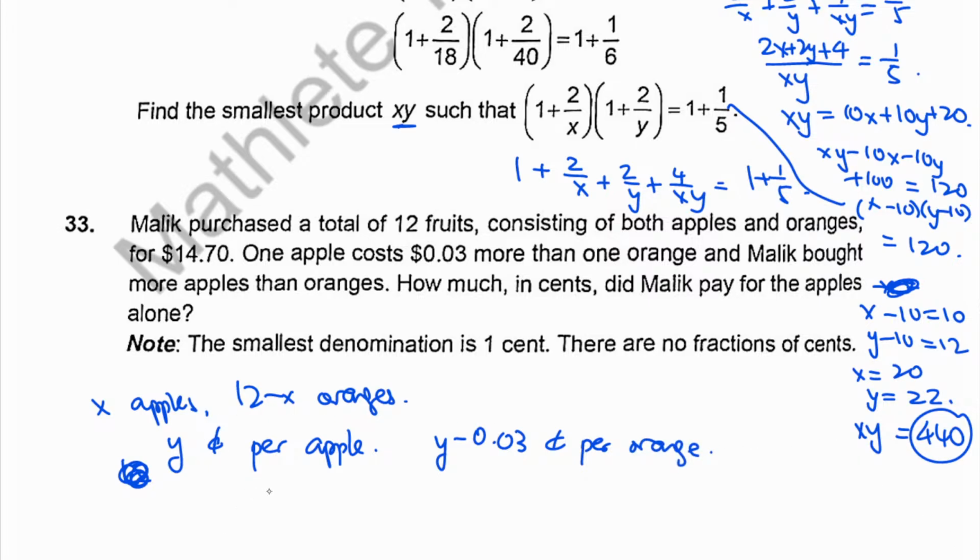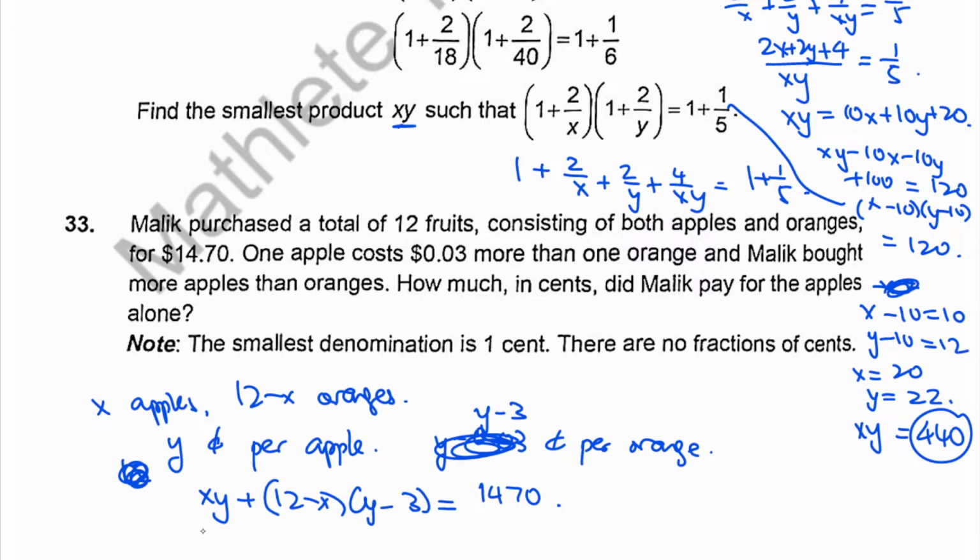Then this would mean that if I have xy plus (12 minus x) times (y minus 3), this is equal to 1470.